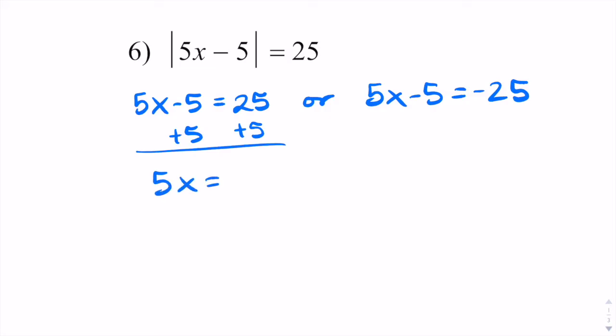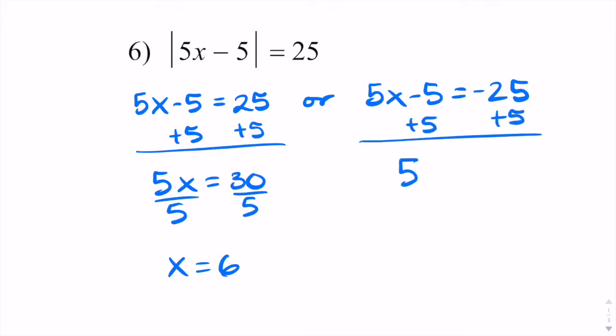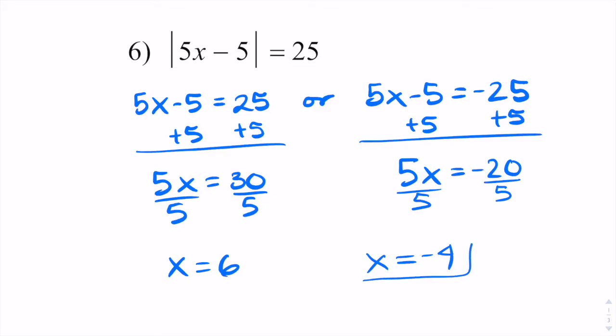So 5x would equal 30, and dividing by 5, x would equal 6. Now here we would do the same thing. We would add 5 to both sides, and 5x is equal to negative 25 plus 5, which is negative 20. And then dividing by 5, x is equal to negative 4. There you go. So these are your two solutions.